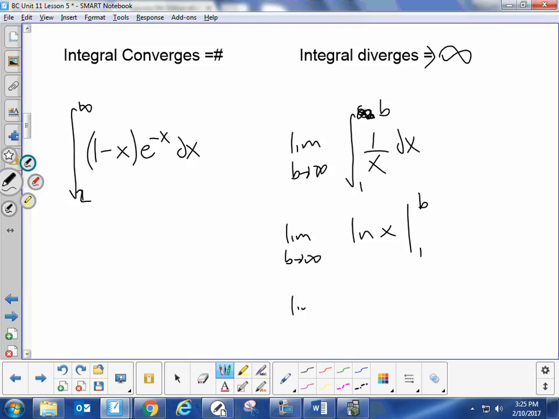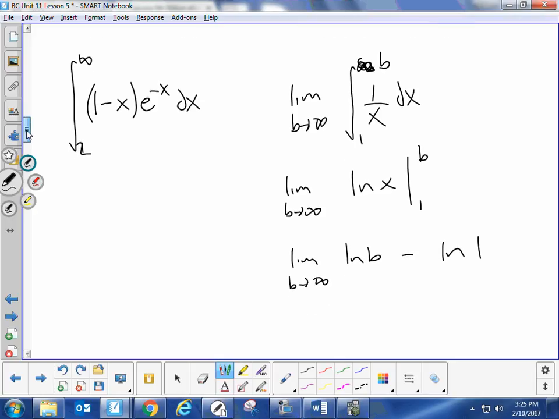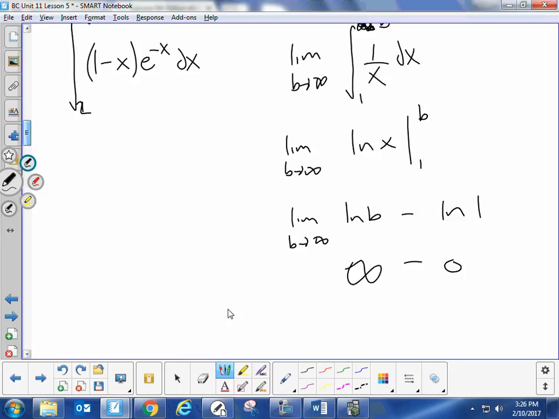I then will have the limit as b approaches infinity of log b minus the log of 1. We know that log b will approach infinity, and this will be approaching 0. Since we'll have infinity, we say this area diverges.